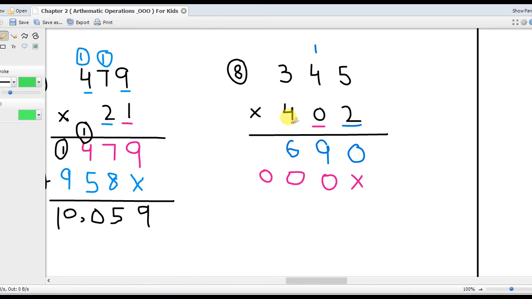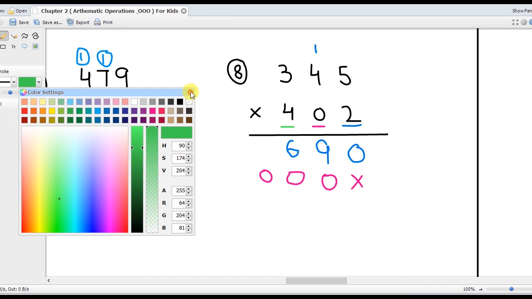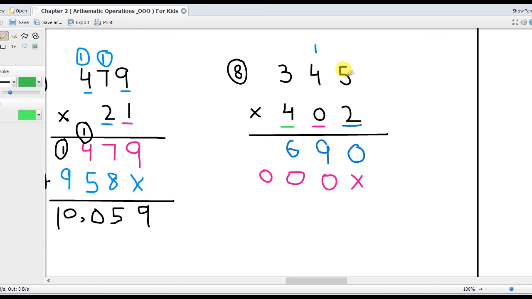Okay. Now we are going to multiply 345 with this 4. Let me just mark it. So 5 times 4 is 20. Since the place value of this 4 is hundreds, we have to start writing our answer from the hundreds. So put 2 crosses, right?